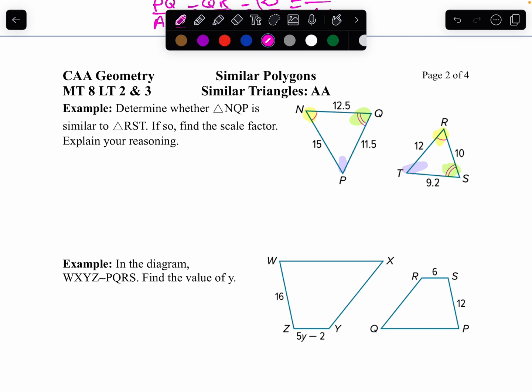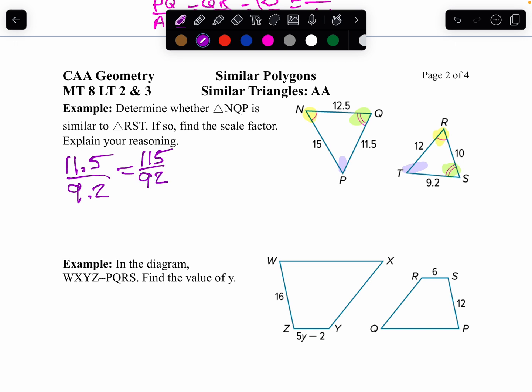Are the sides in the same ratio? Well, let's start with comparing our sides. So 11.5 corresponds to 9.2. Now, how do I reduce that? Well, first off, ratios don't have decimals, so that's 115 to 92.